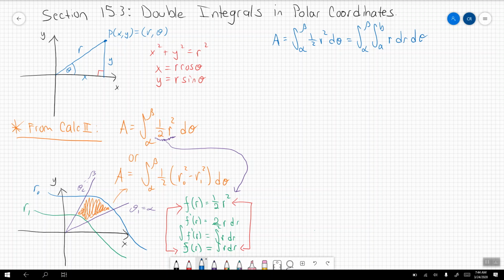Now you might be saying, where is a and b coming from? A and b are coming from these initial radii. So we go back over here to our picture.